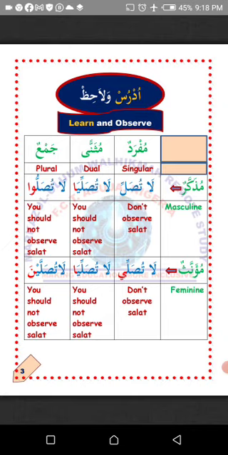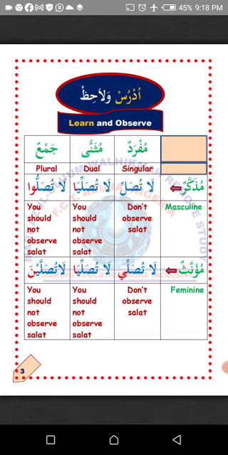MashaAllah. Then we talk about mu'annath. Mu'annathun, feminine. This is a word in Arabic that represents a female person or a female object. Just like the verb la tusalli can only be used to command a single female person not to observe salah. So if they are two in number, use the same form of the verb, la tusalliya.